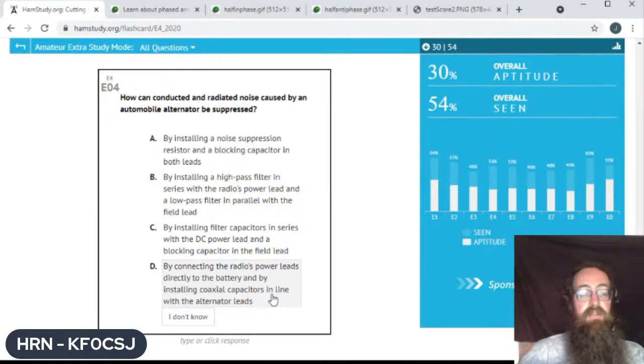C. By installing filter capacitors in series with DC power leads and blocking capacitors in field leads. D. By connecting the radio's power leads directly to the battery and by installing coaxial capacitors in line with alternator leads.